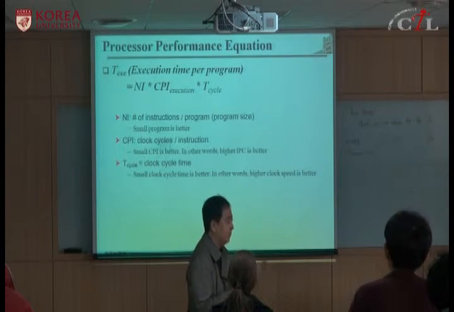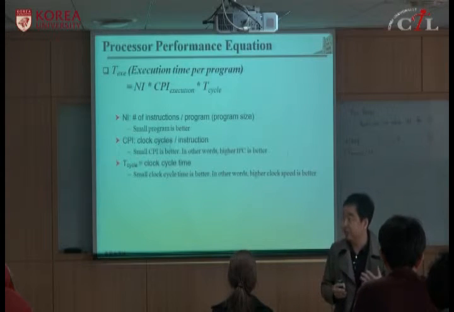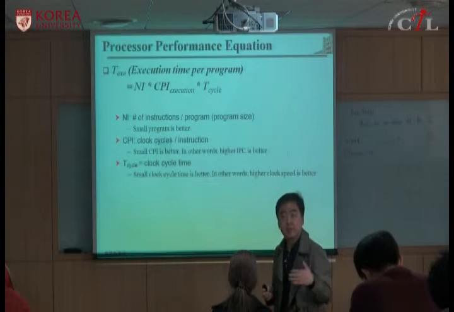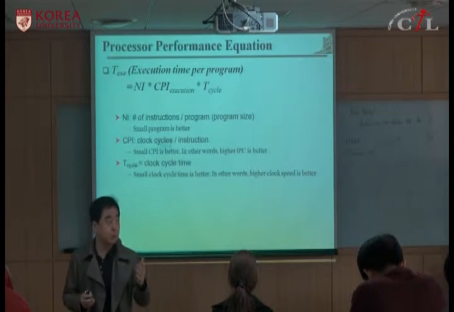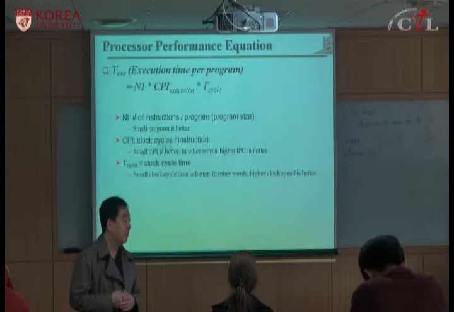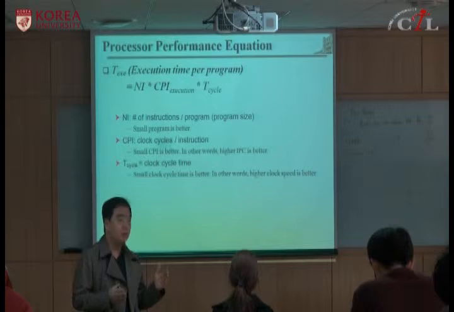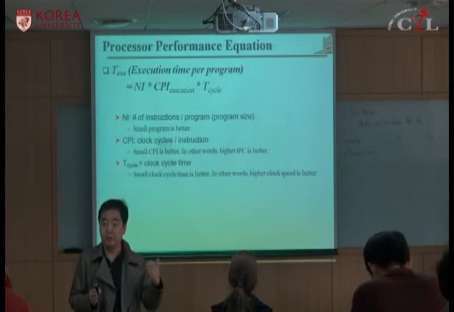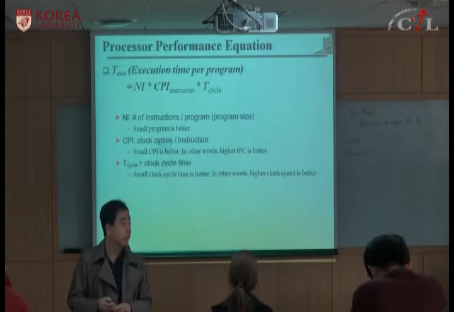RISC processor, because of the simplicity, usually makes higher clock speed implementation more possible. But one CISC instruction corresponds to maybe 2 or 3 RISC operations, because RISC means a small number of instructions, and each instruction is quite simple. So to express a complex operation, you need 2, 3, or 4 RISC instructions instead of a single one.